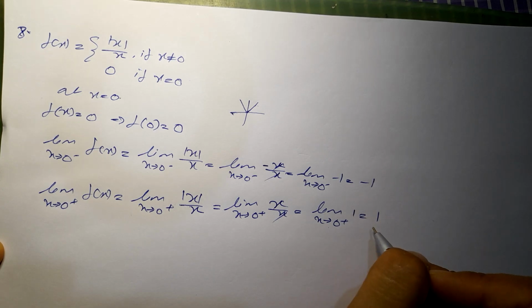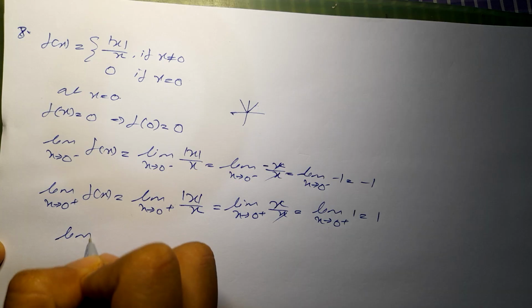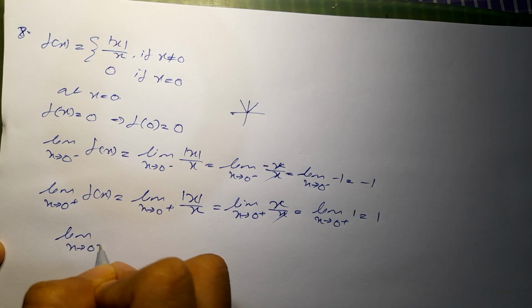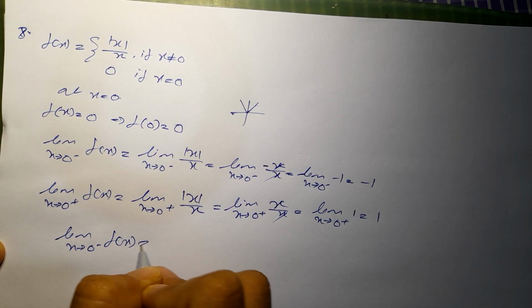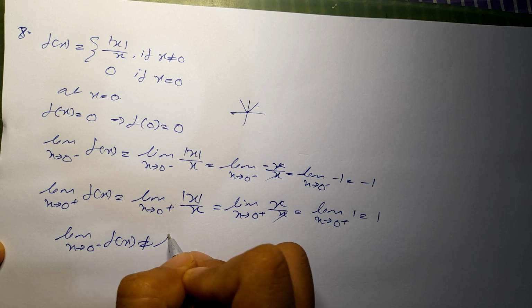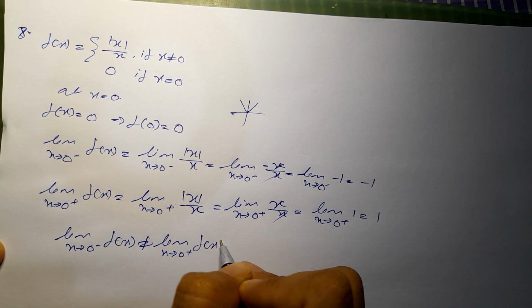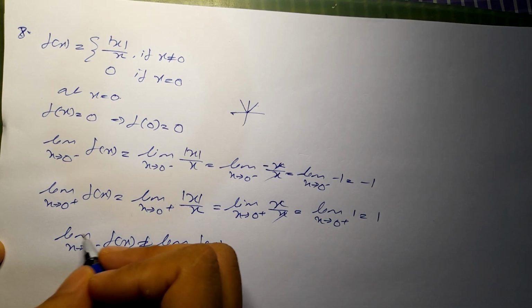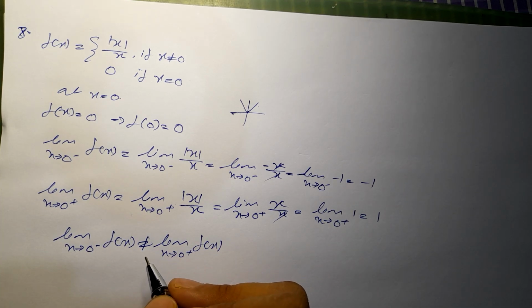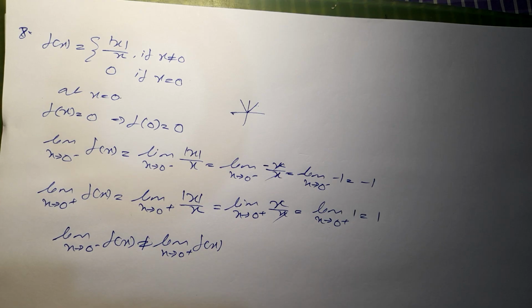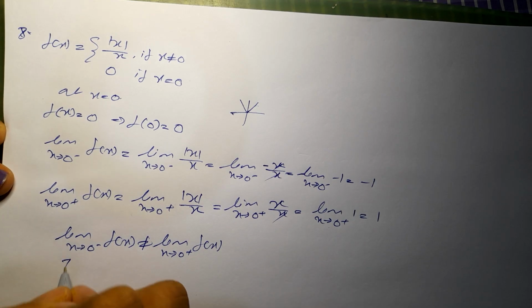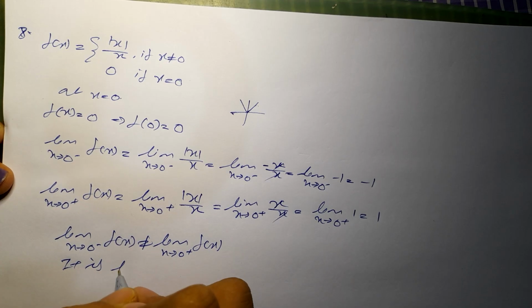The left hand limit is not equal to the right hand limit. Limit x tends to 0 minus f(x) does not equal limit x tends to 0 plus f(x). So it is discontinuous. The point of discontinuity is at x equal to 0.